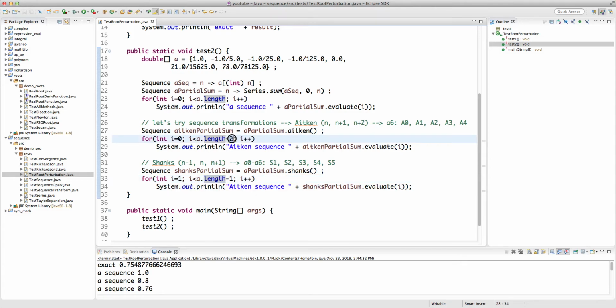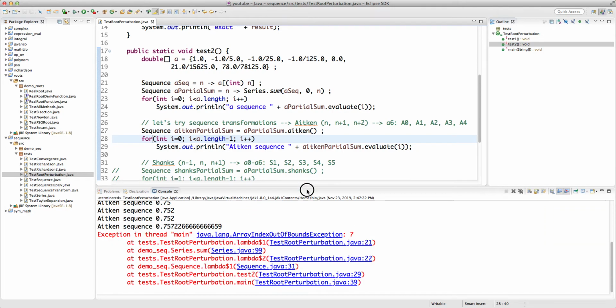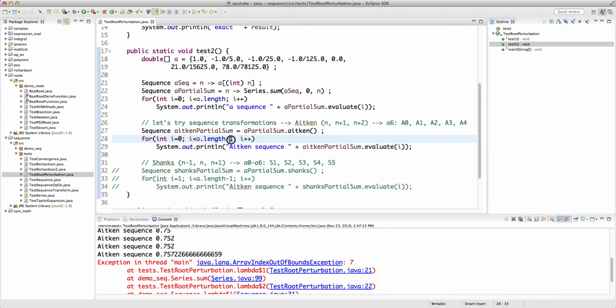Actually, I think we could go higher, so let's try it again. No, we end up with an array index out of bound.